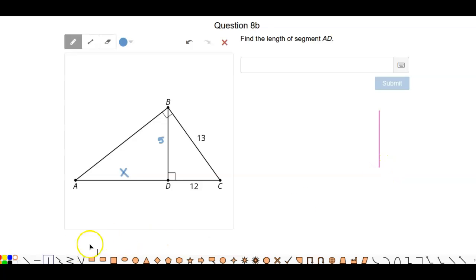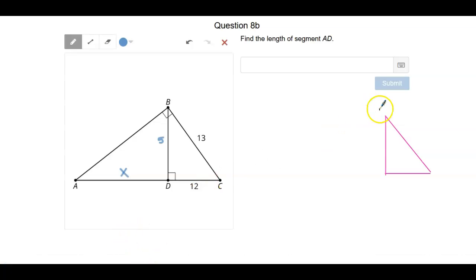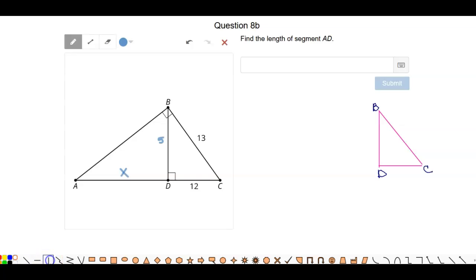So I'm going to put this one here, and then I've got my hypotenuse. So this will be BDC. So we've got B, D, and C. And then I also have this triangle over here that I'm going to recreate.